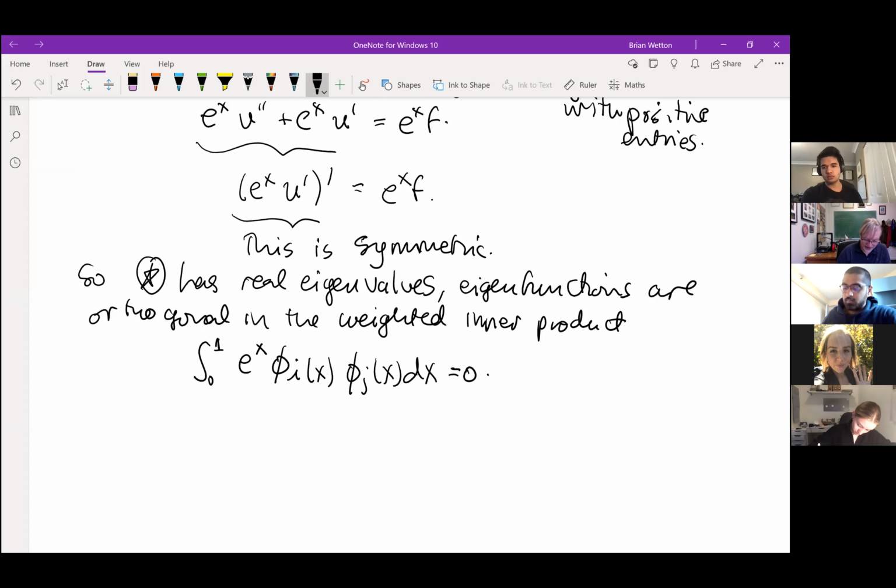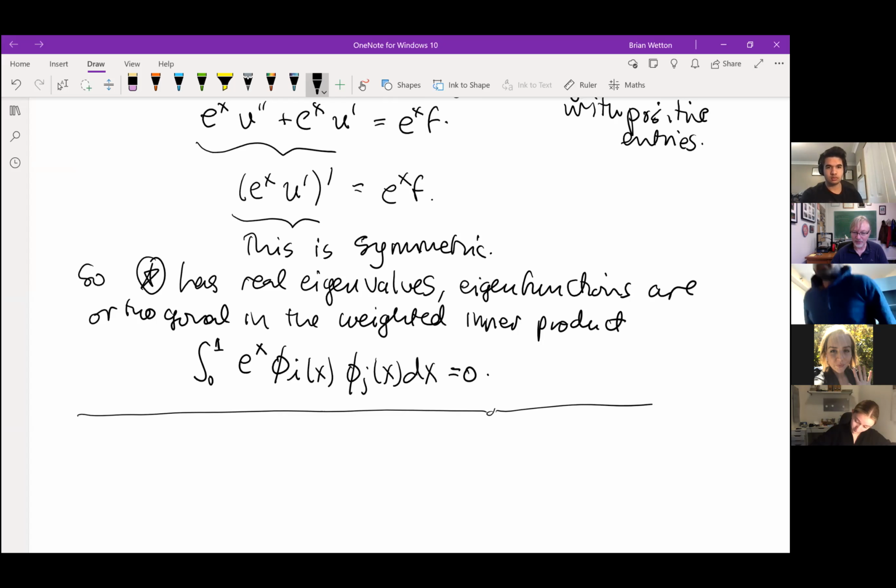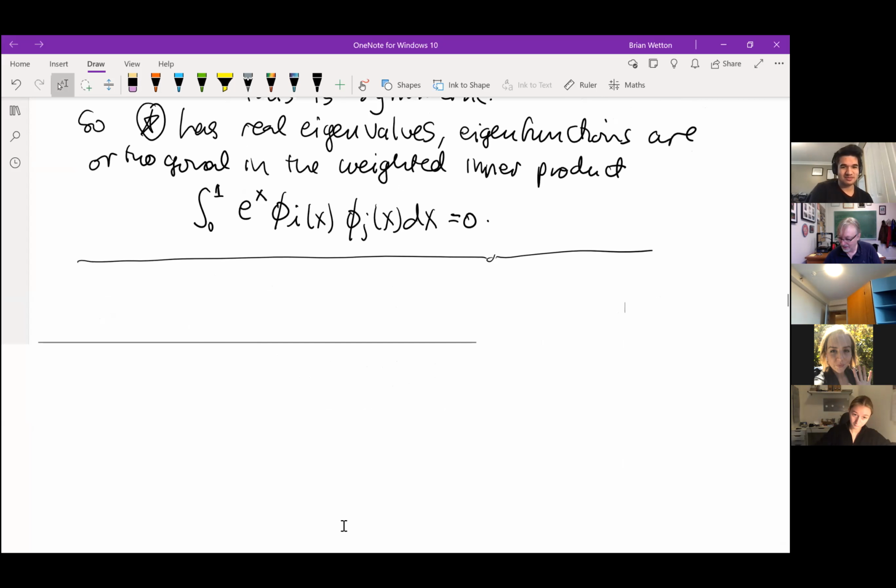Okay, we've got a natural break because I'm going to talk about Green's functions now, and I am going to give you a poll.